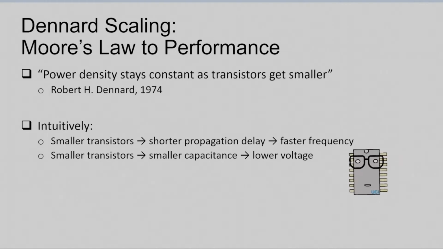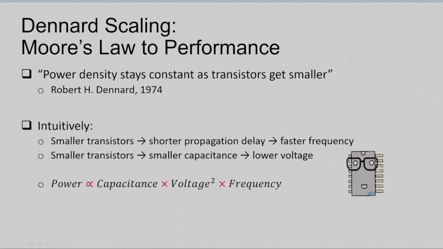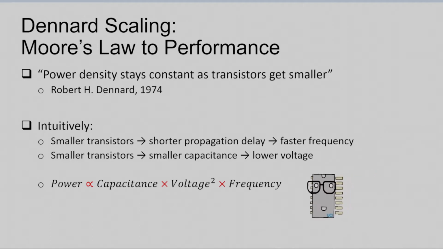We require a lower amount of voltage to switch a single transistor back and forth. Given these two things, and looking at a very simplified model of power consumption inside a circuit, the power consumption of a circuit has to do with the capacitance of the circuit multiplied by the square of the voltage multiplied by the frequency of the circuit.